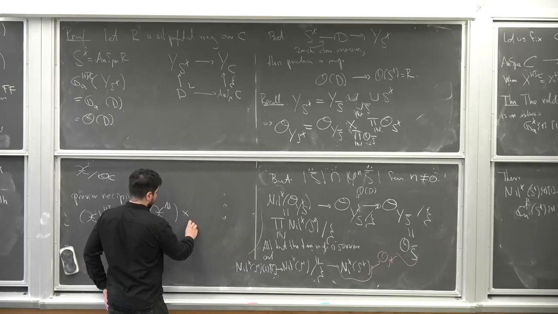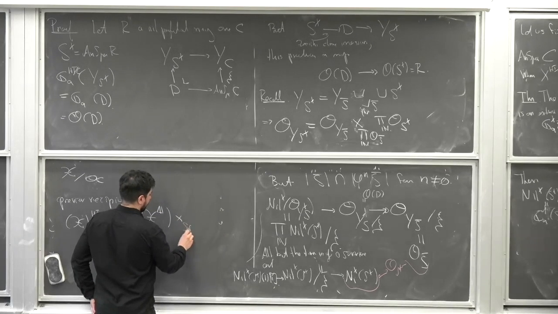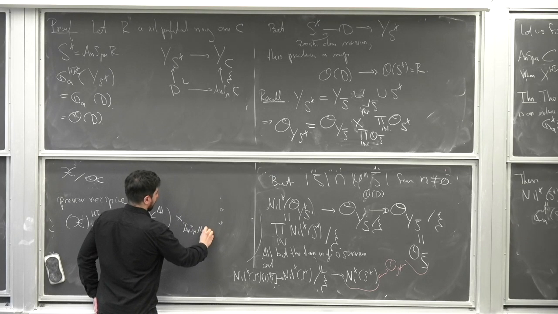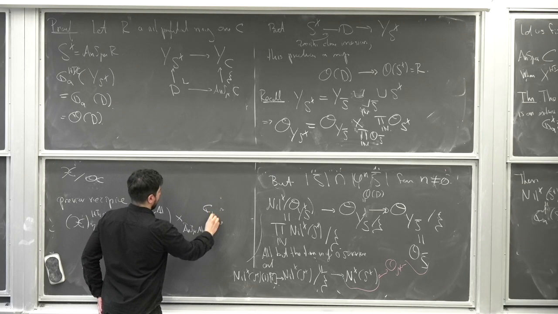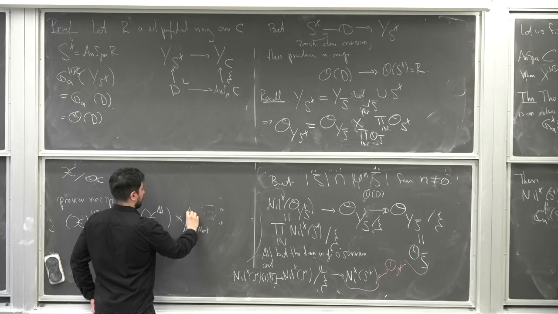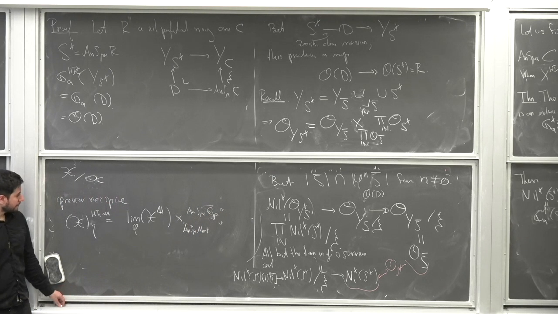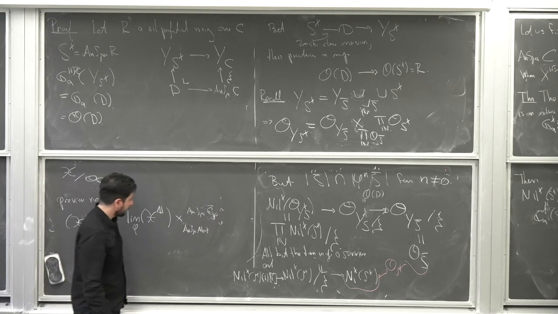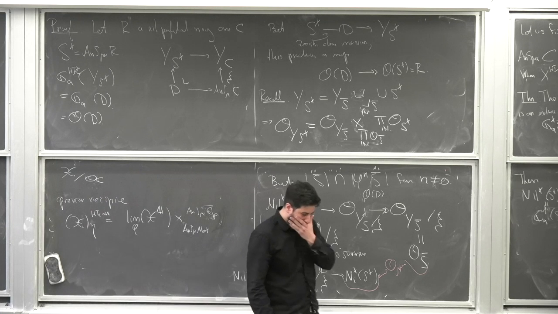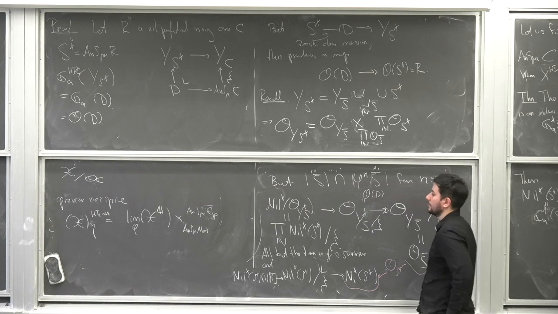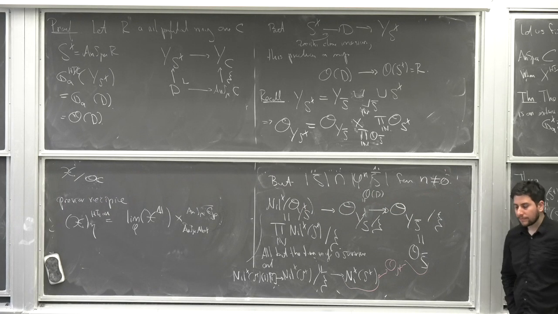For equivalence, you have to prove that if you have a system of formal models, then it uses this, and here is the recipe for the Hodge-Tate stack.